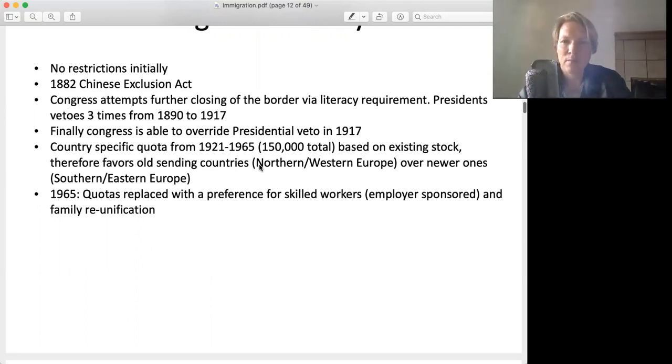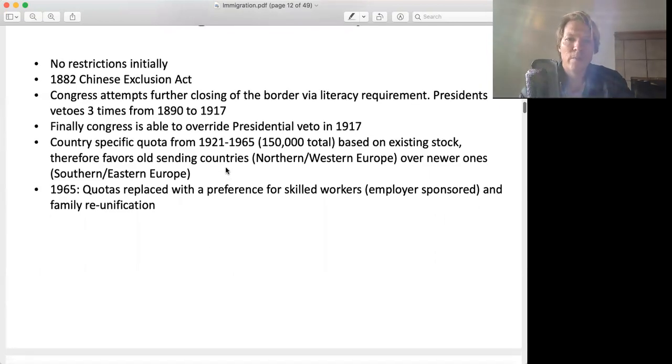Each country gets a quota, and the quotas are based on the existing population. So this favors European migration, since the population is mostly descended from European migrants. You get larger quotas for these older cohorts of migration than newer ones, and then the rest of the globe gets very, very small quotas.